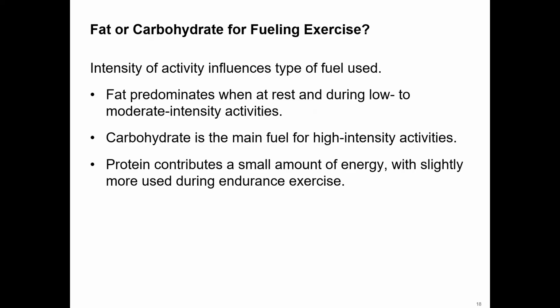Remember, we're getting a lot of ATP energy from burning carbohydrates or burning fats, maybe a little bit from proteins. Generally, getting the ATP energy from fats seems to predominate whenever we're at rest or during low to moderate intensity exercises and activities.